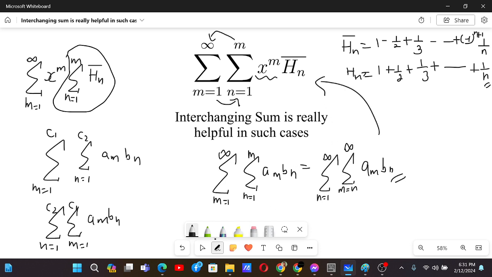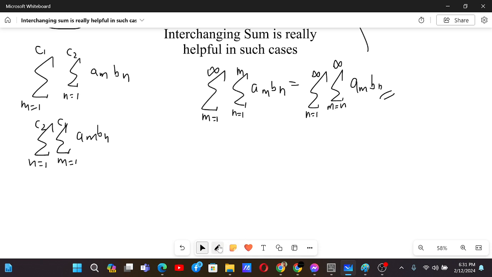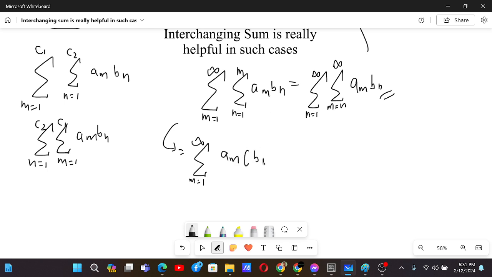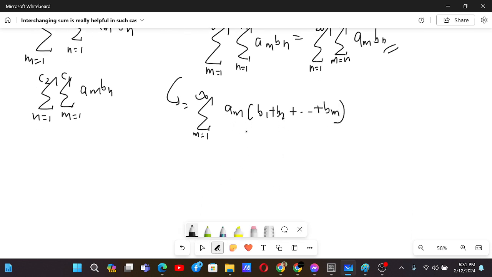If you want a quick proof of this, you can take the first expression. Over here we can take a_m outside, and this is just b_1 plus b_2 up to b_m. When m is 1 we have a_1, and this sum goes up to m, so just b_1 for now.